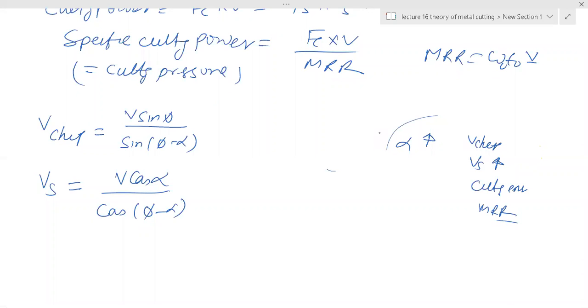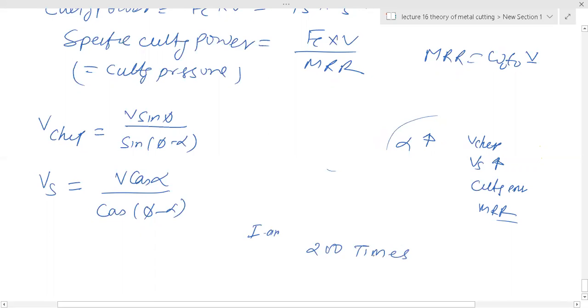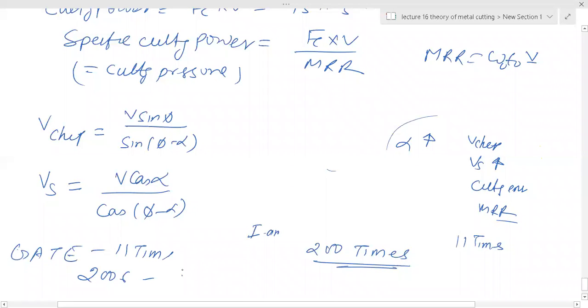Sir, how are you able to remember this many formulas? I am teaching here. I have studied more than 200 times. I have written GATE 11 times, from 2006 to 2017.